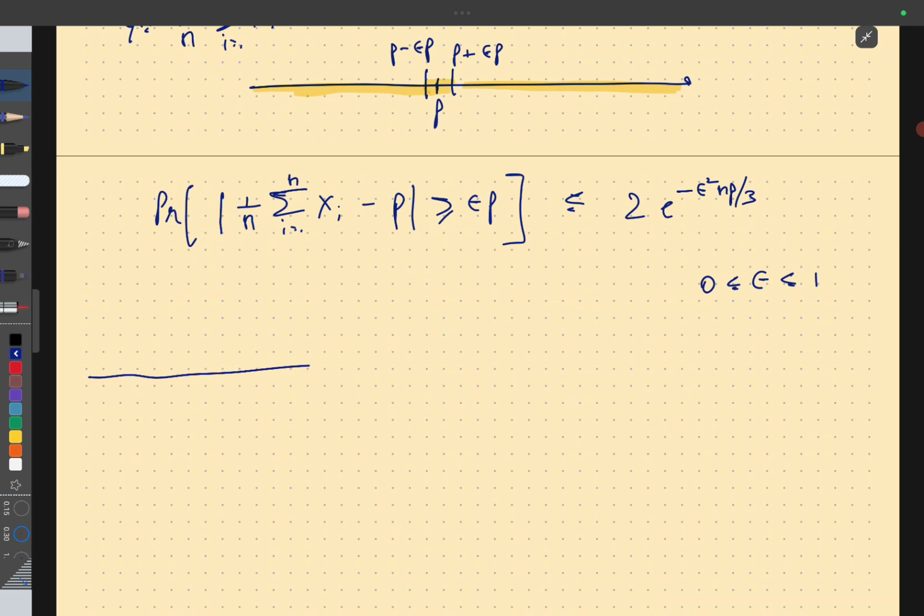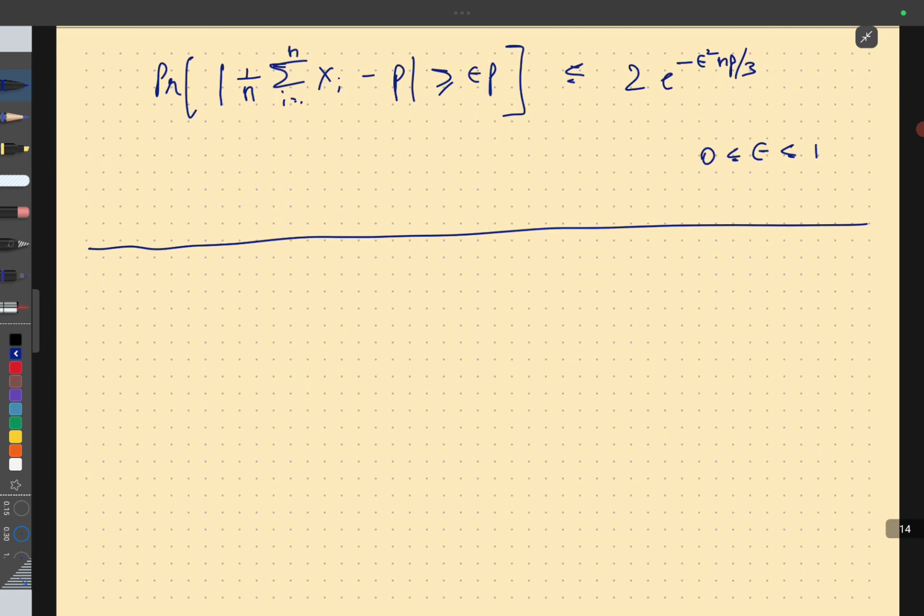Another simple but very useful trick that we'll use is something to do with indicator random variables. All right. So suppose we have an event E. Let E be an event.